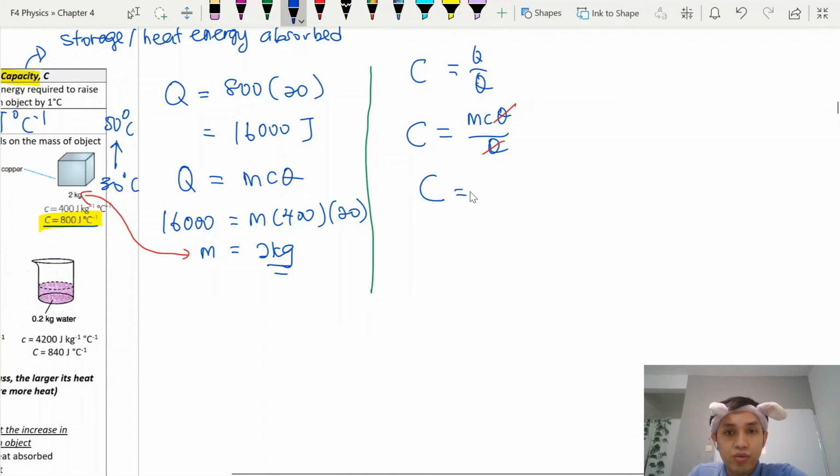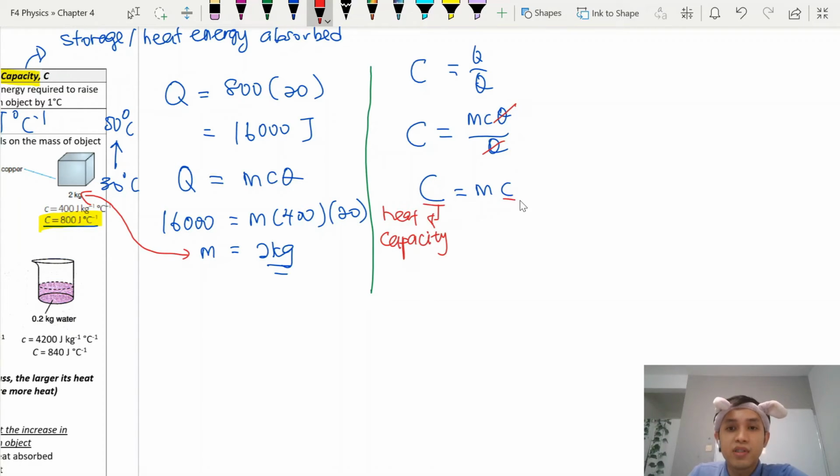Finally, we will have these two. This one is the heat capacity, whereas this one is the specific heat capacity.